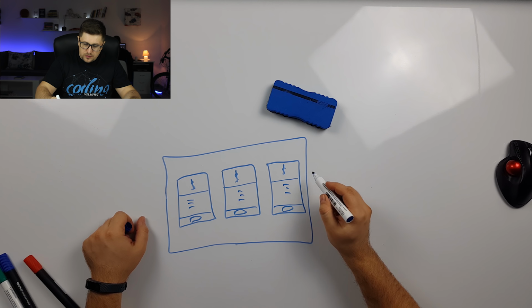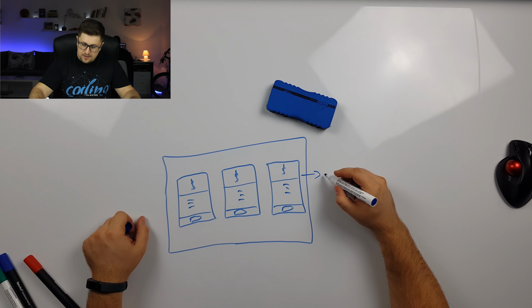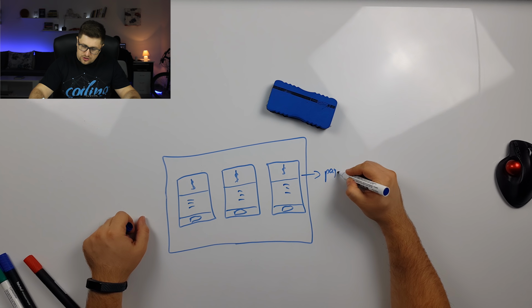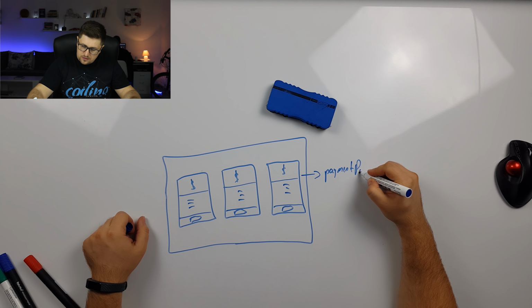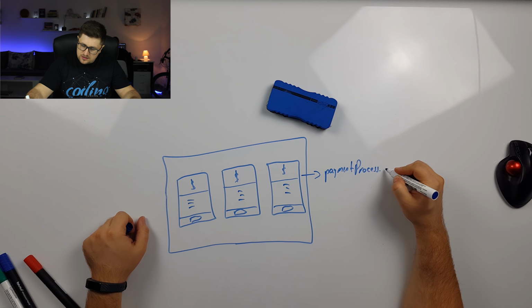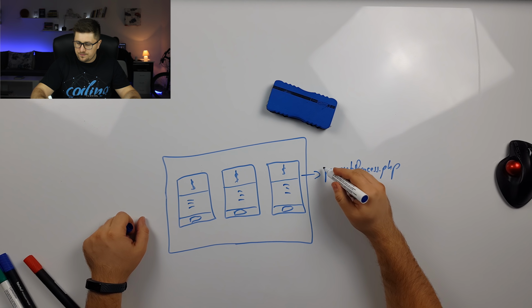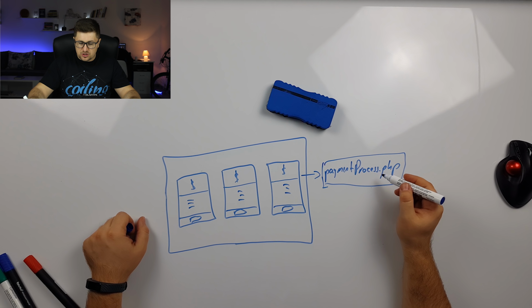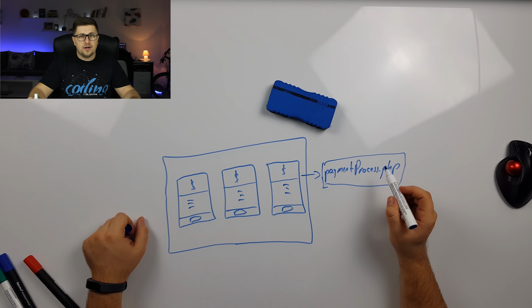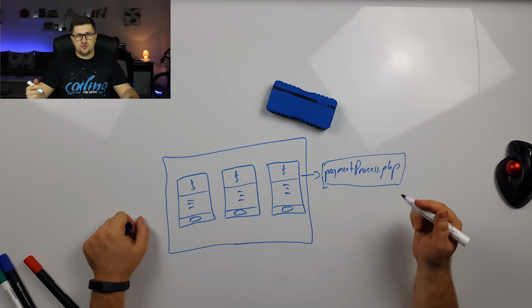Now the next thing that we need to create is a payment process page. So payment process.php file. Okay, now this file we will actually use to create the customer inside Stripe.